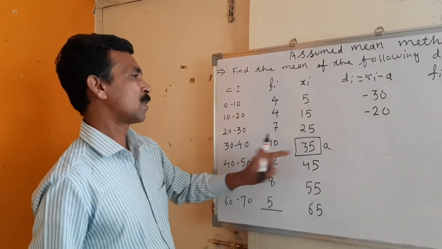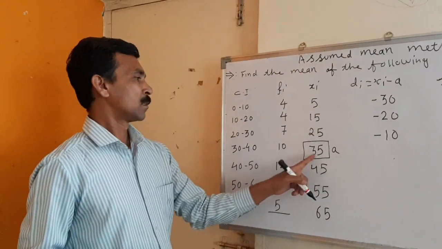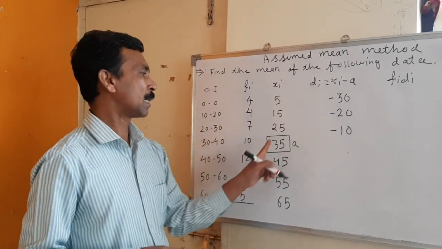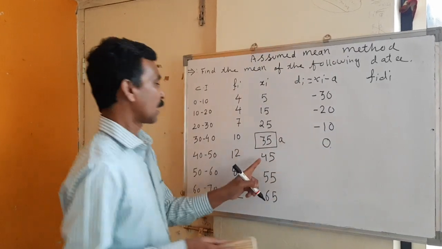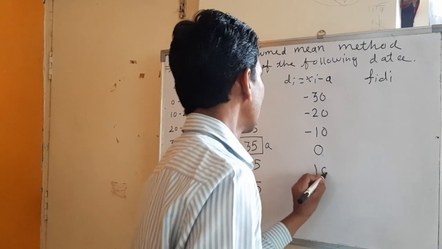Then 25 minus 35 is minus 10. Next, xi is 35 and assumed mean is also 35, so it is 0. Now 45 minus 35 is 10.